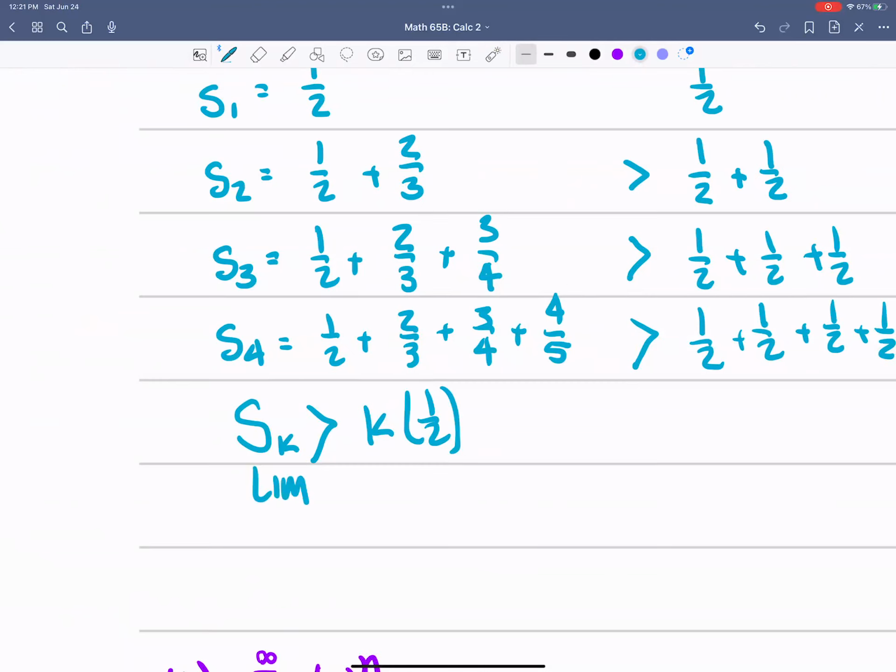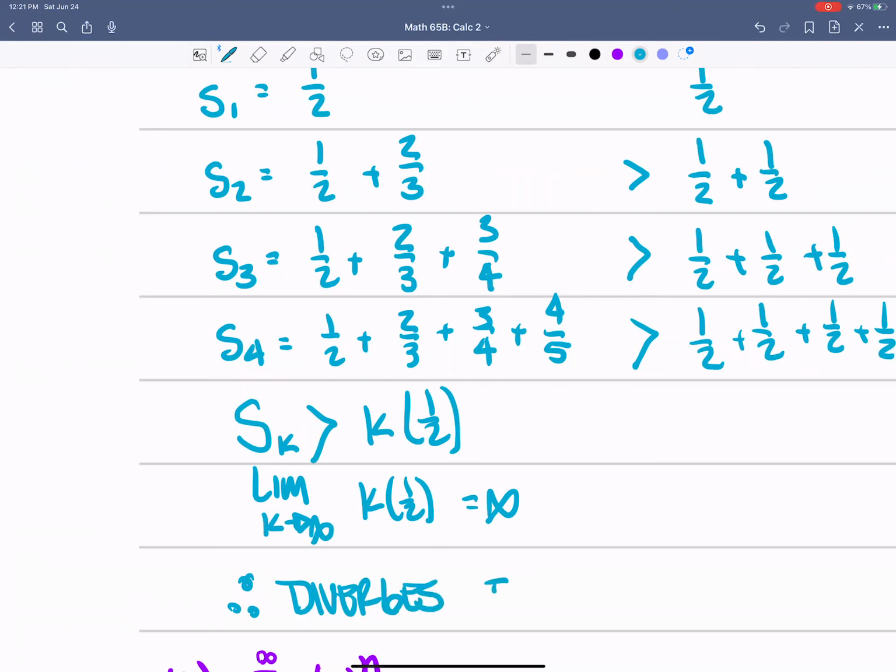The limit as k approaches infinity of k times 1 over 2 goes off to infinity. So if that goes off to infinity, that tells us that the entire thing goes off to infinity. So we would say that the series diverges, diverges to infinity.